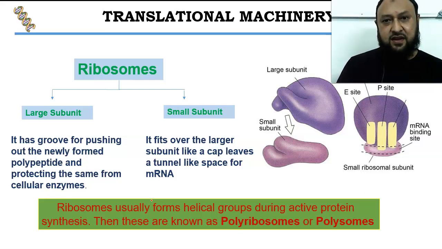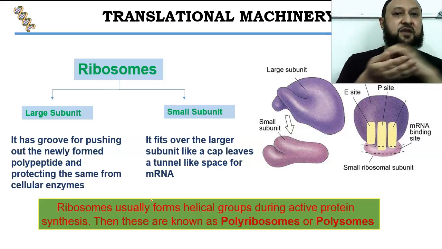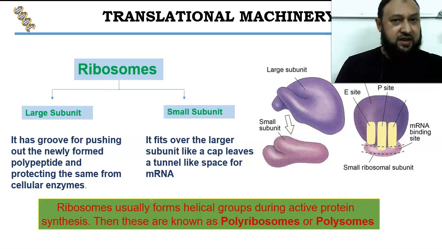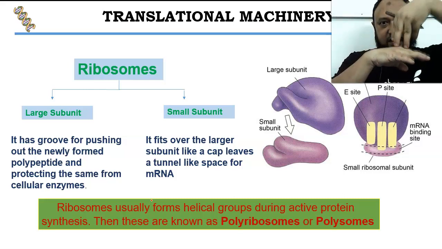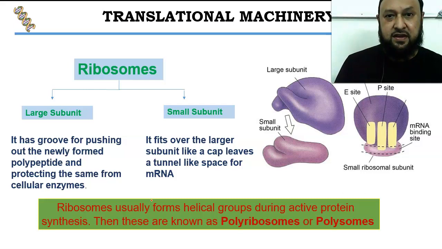The smaller subunit fits like a cap, and it also has a tunnel-like space where the mRNA can move, so that the tRNA coming in reads the mRNA and brings amino acids for the formation of the polypeptide chain.